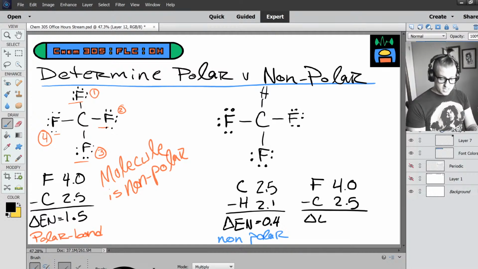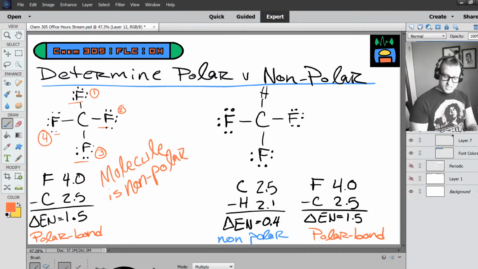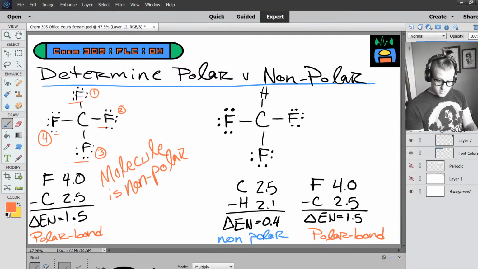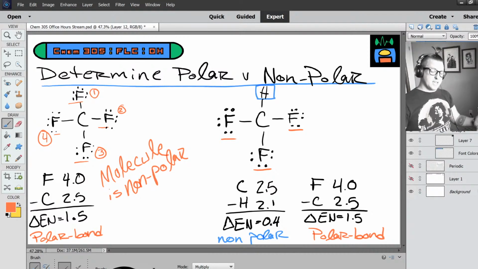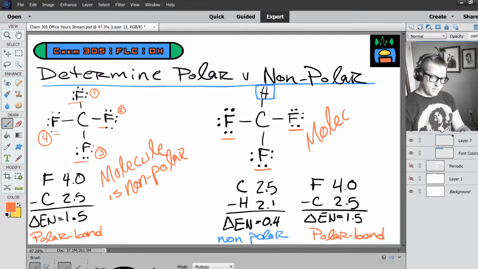So here the difference in electronegativity, 1.5. This is a polar bond. All right, and because here we've got 1, 2, 3 fluorines, but the fourth position isn't a fluorine, it's different, it's H. We don't have the same thing at every position, so this molecule is polar.